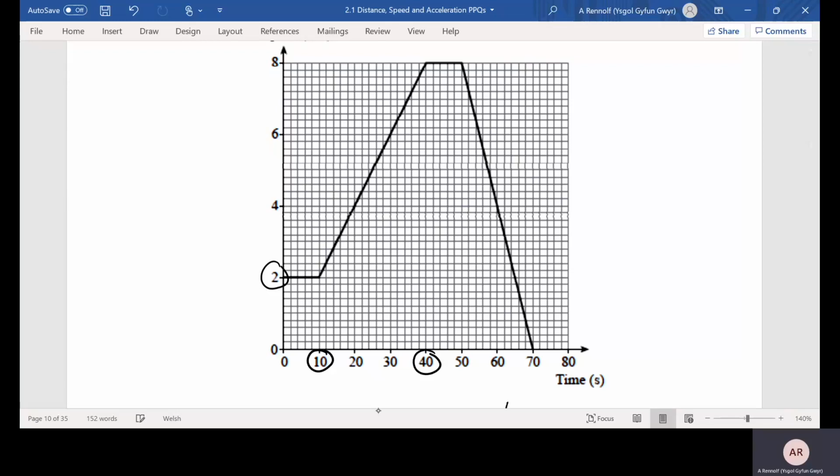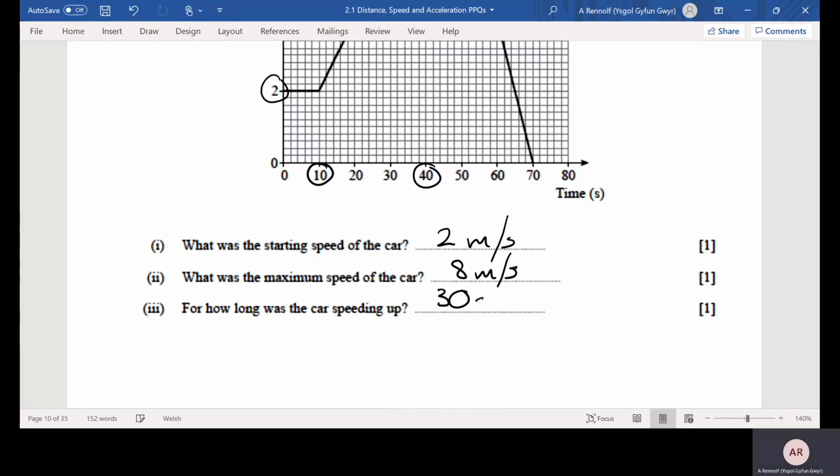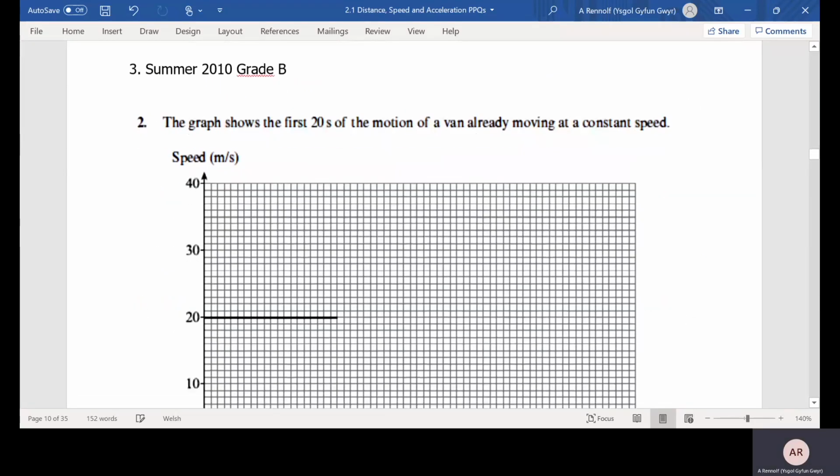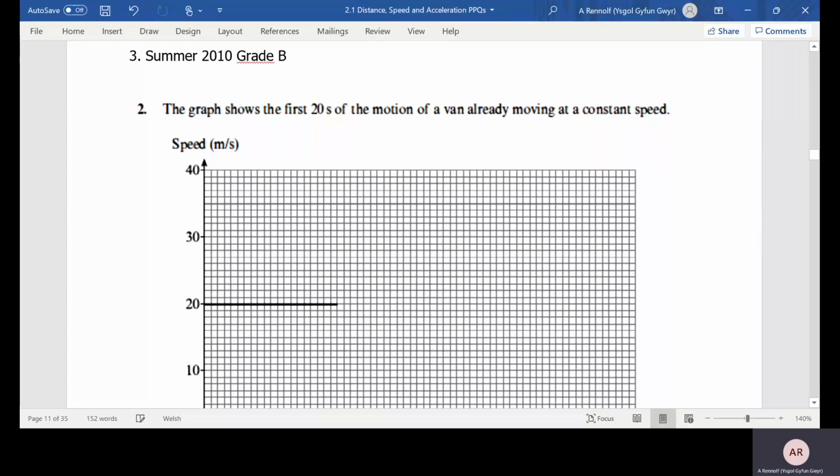We finish accelerating at 40. And so our time period for the acceleration is 30 seconds. 40 minus 10. Again, we need to make sure we've got a unit with that answer. Next question then. Again, pause the video and press play again when you're ready.